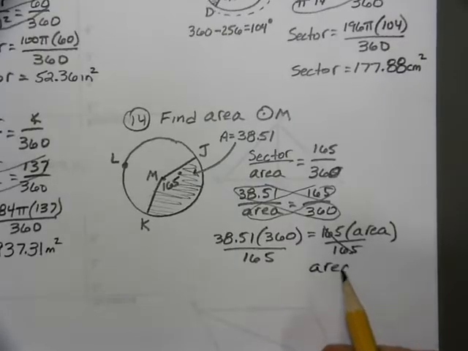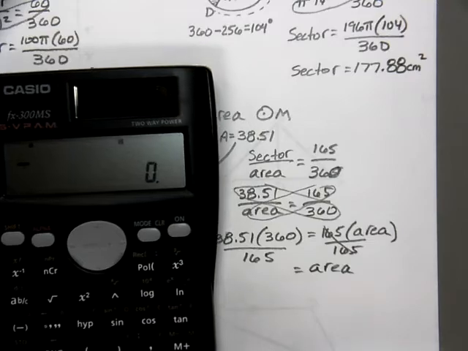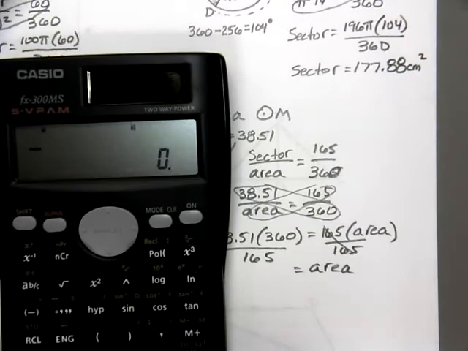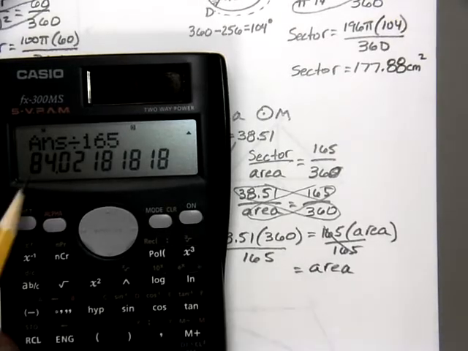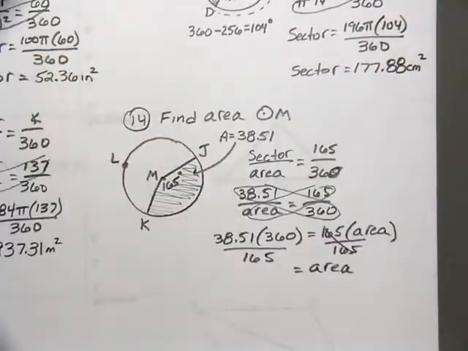So the area of this circle is 3851 times 360, and we divide that by 165. 8402.